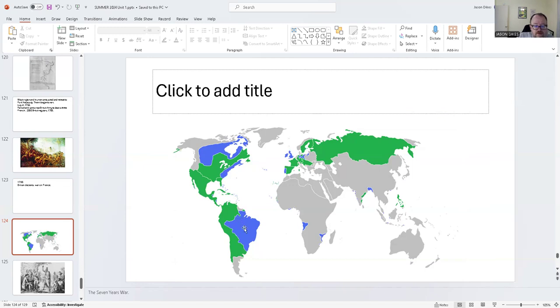So England, Portugal, colonies, and some of the Germanic states versus the French and their allies, France, Spain, what will one day be Germany, which is still the Holy Roman Empire, and the Russians up here. So this is really a world war. Again, and it's a world war that breaks out over control of the Ohio Valley.